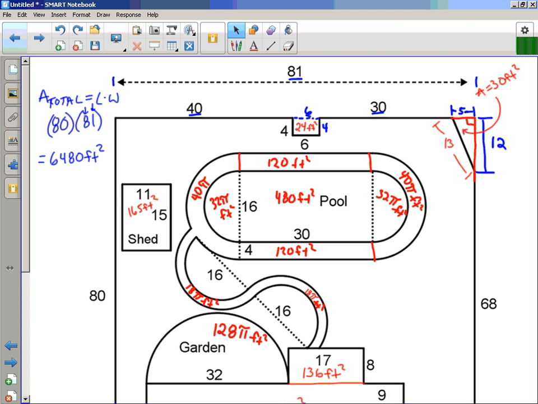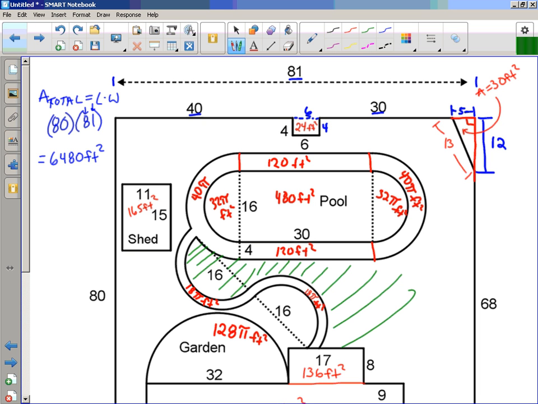Okay, you know, some people might ask, was this going to be covered in grass? And yes, all of this is. Everything here is covered in grass, okay? Everything that is not the garden, the shed, the pool, or the walkway, or the house, or one of these little cutouts are all covered in grass.